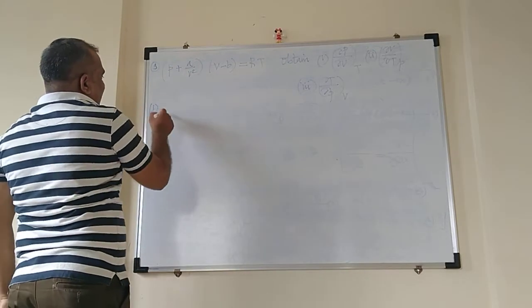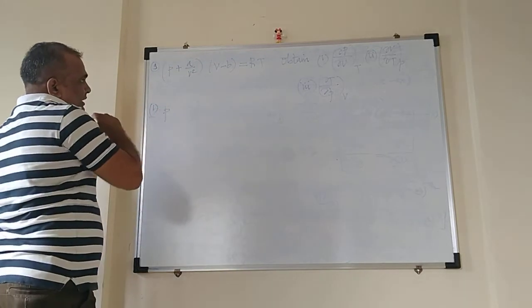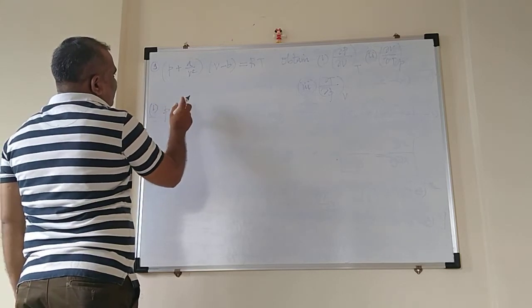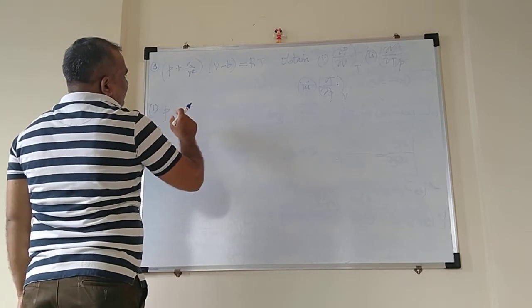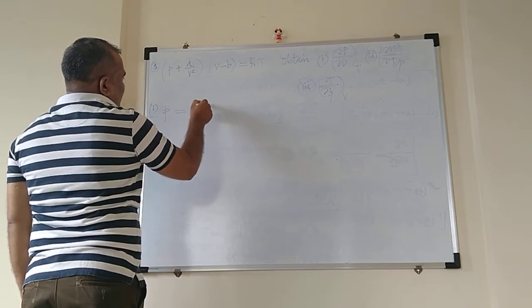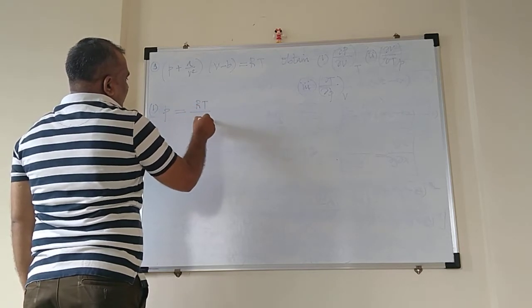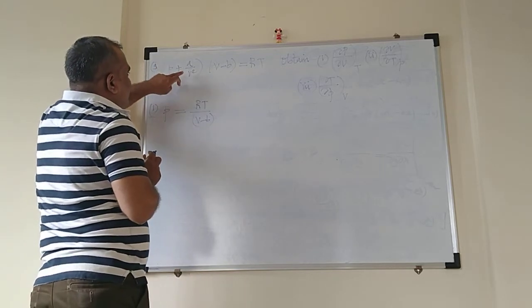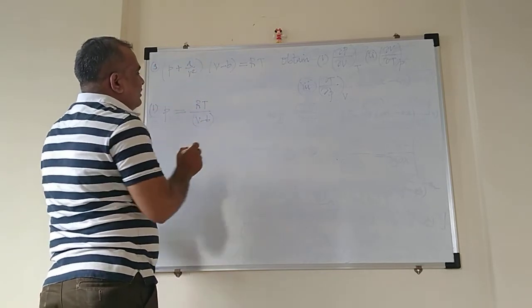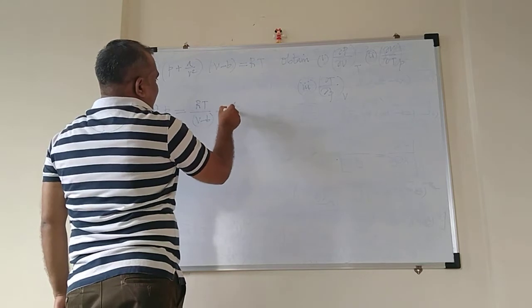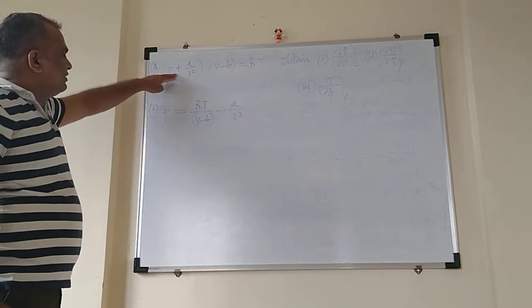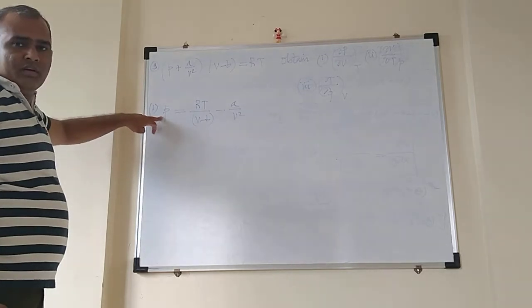So P is equals to, I can shift this to the other side, that will go to the denominator, so RT upon V minus b, and the remaining part, this plus a by V² on the other side will become minus a by V². So the Van der Waals equation is written for P.